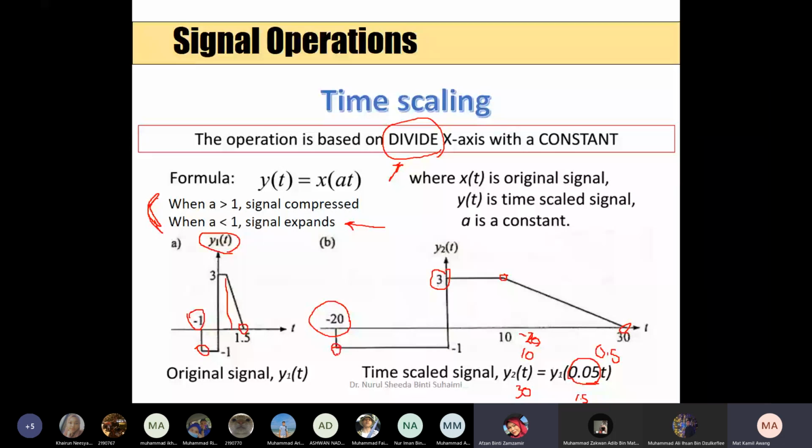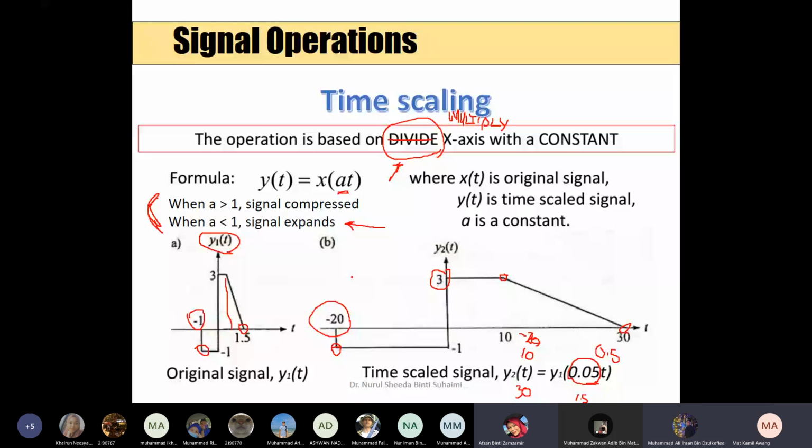So basically, this is not divide. It's actually multiply. You multiply by a constant, not divide.